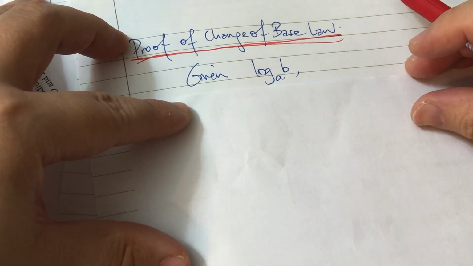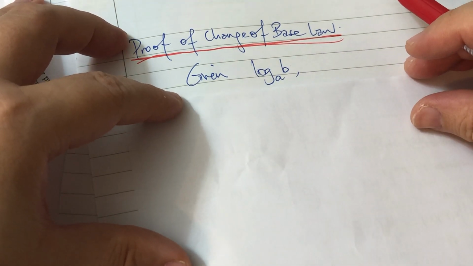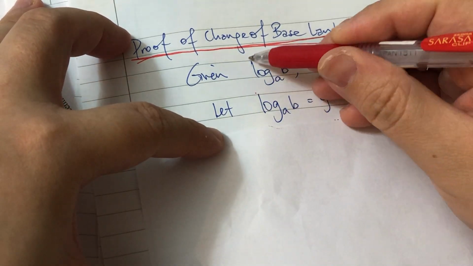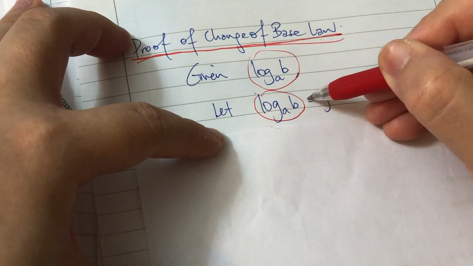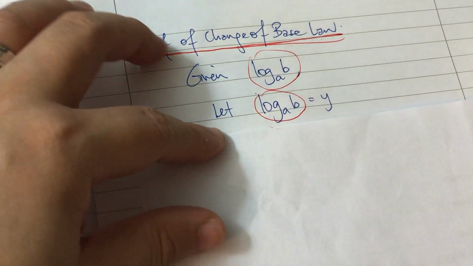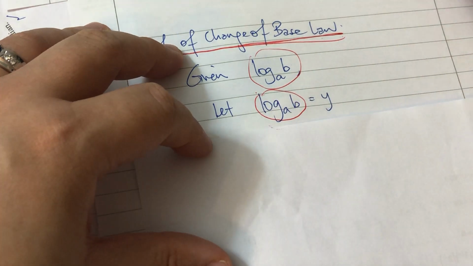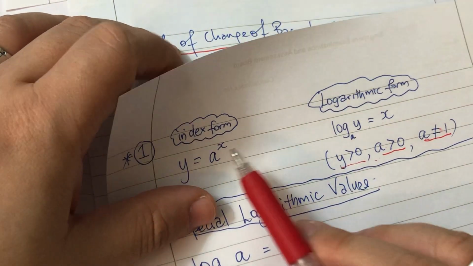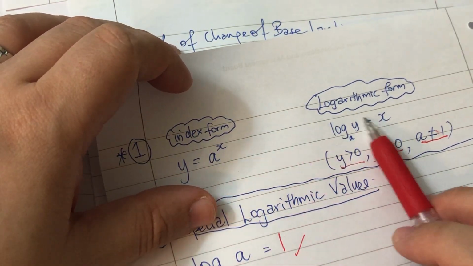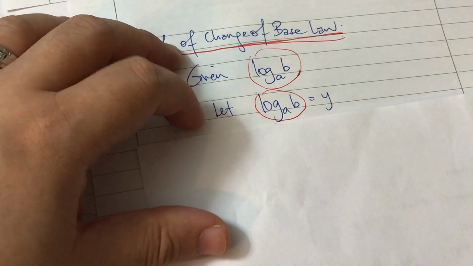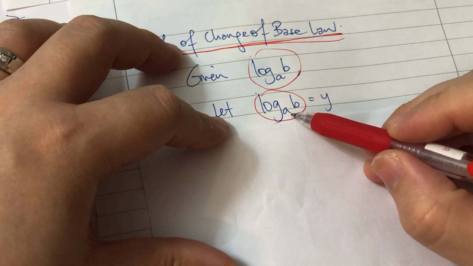Do you agree that I can let this, log of b to base a, be equal to y? Why do I want to do that? Remember the same old story: I'm very good at changing from log form to index form.